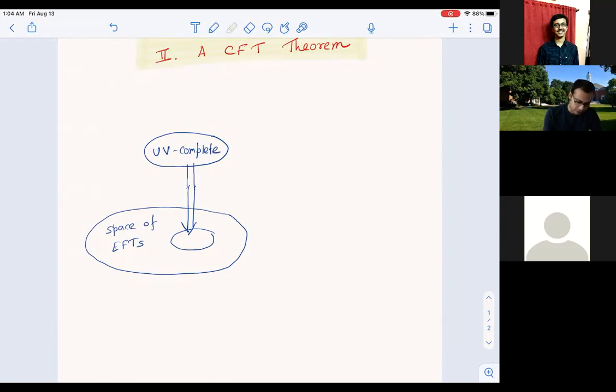So this is basically the space of consistent EFTs. And also, we saw that if we take this idea and put it in AdS, we get a dual CFT.